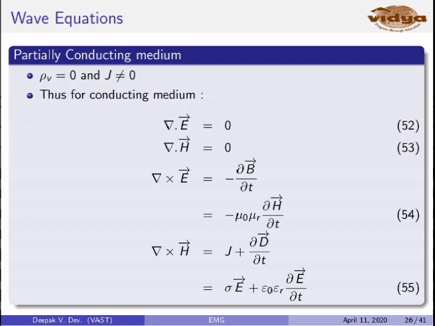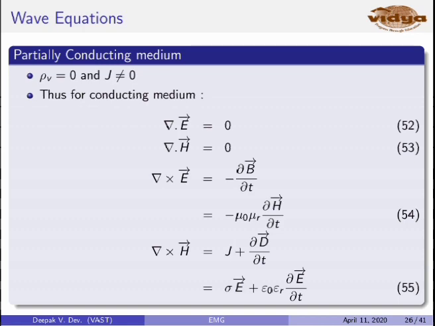This derivation is also similar to that of the wave equation for free space or for lossless dielectric, but here there is a small change. To know that change, you have to know what a partially conducting medium is.